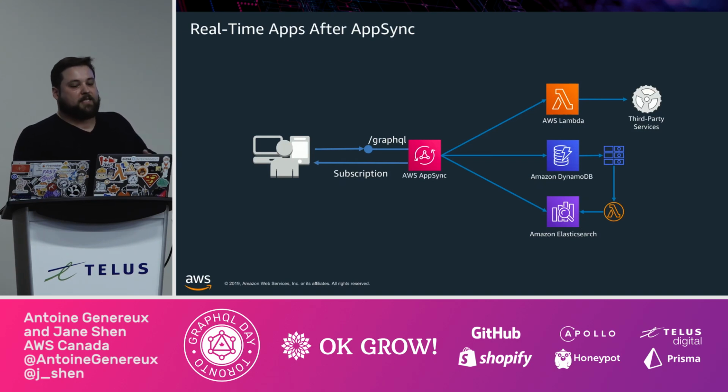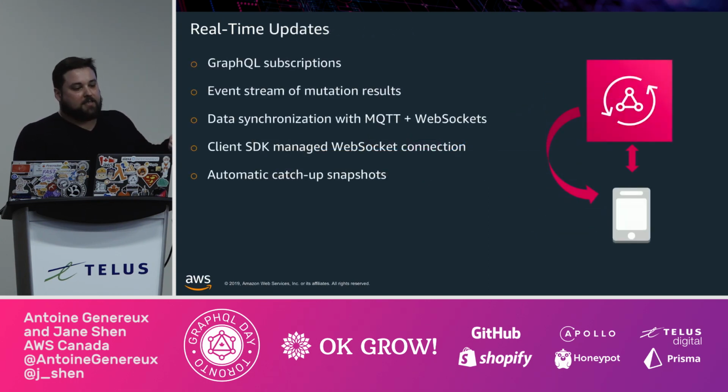So just a few more details around this real-time capability. It's effectively an HTTPS connection that's run over MQTT sockets. If you don't know what MQTT is, it's a lightweight pub sub protocol that's used a lot in IoT. And this is managed at the client SDK level. So you don't really need to do a lot of management or configuration in terms of the real-time subscriptions.